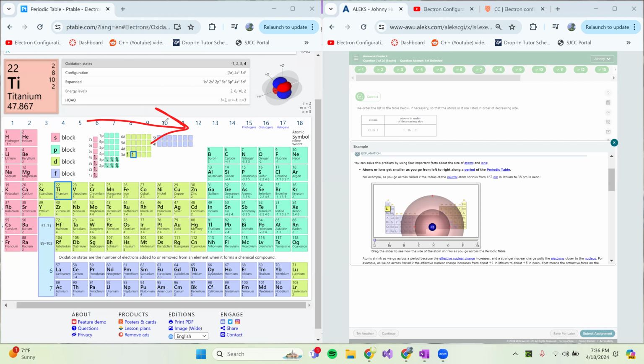Another thing to know is that as you go down the periodic table, the atoms also get bigger, because you're adding more electrons, and actually the most important reason the size increases is that you're adding shells. So remember n equals 1, and so on. You're increasing the size that way.